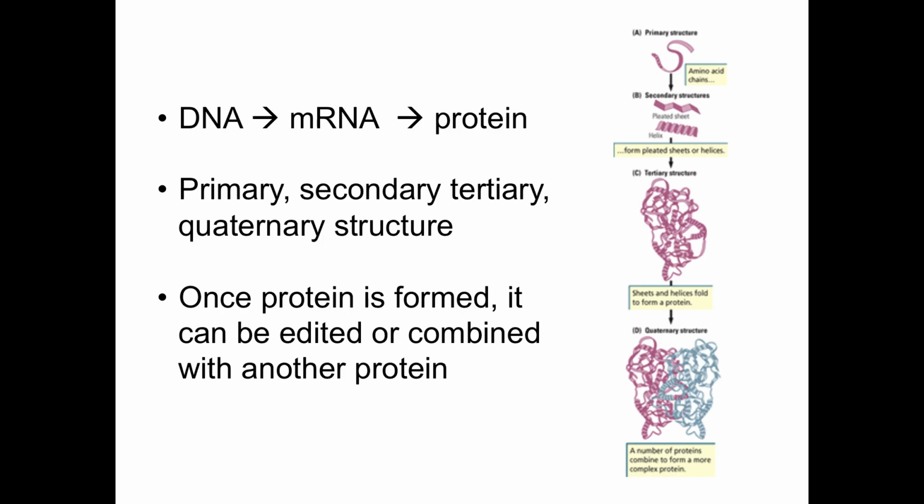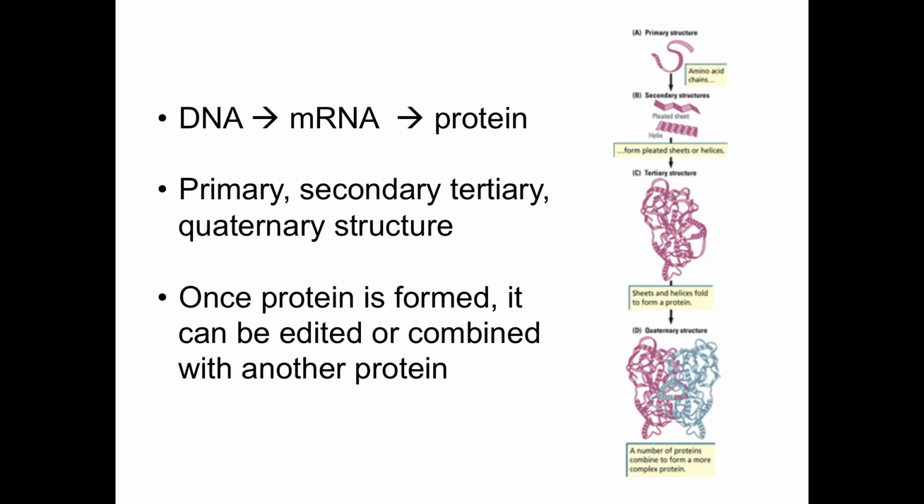Okay, so long polypeptide chains have a tendency to curl up into either a helix or what's called pleated sheets. These shapes are called secondary structures. So the primary structure is just a polypeptide chain, and the secondary structure is a helix or a pleated sheet of these polypeptide chains.